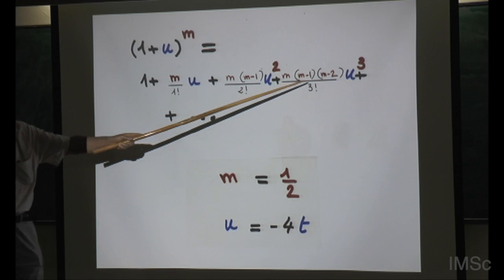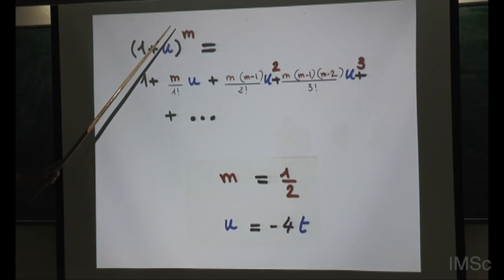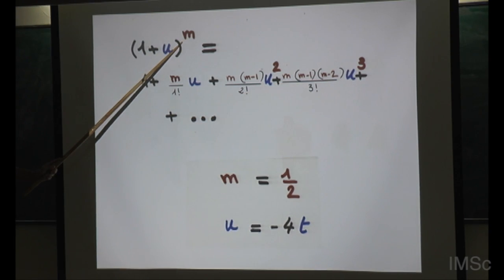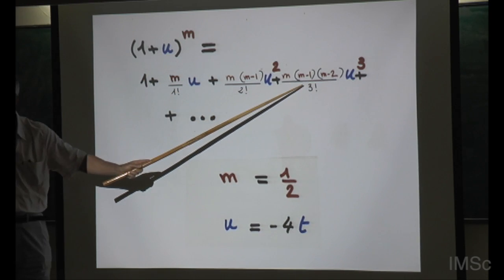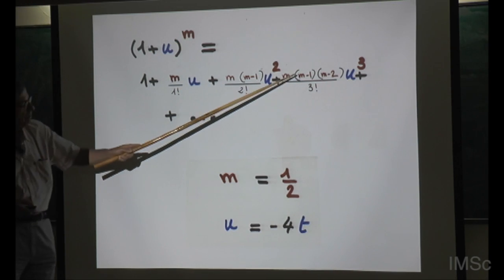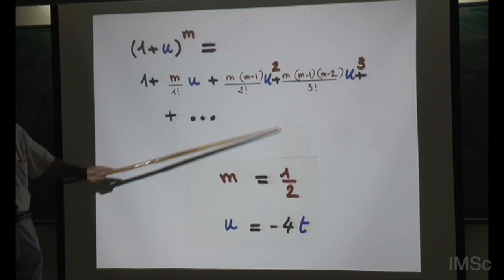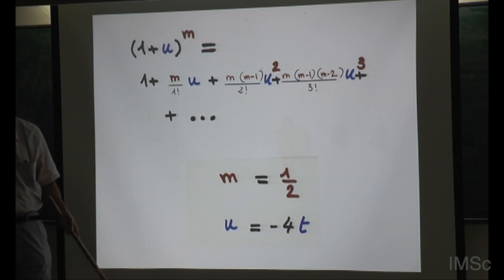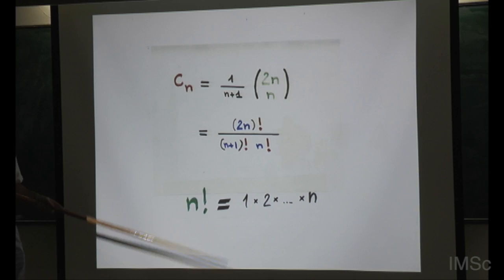Now it's going to be an infinite power series because alpha is 1 over 2. If it was an integer, it would be a polynomial, it stops; this is the expansion in the binomial triangle. But with alpha equal to 1 over 2 you have an infinite power series. Then if you replace alpha by 1 over 2 and u by minus 4t, you get the formula for the Catalan numbers. So this is one way to prove that the number of binary trees is exactly given by this formula.